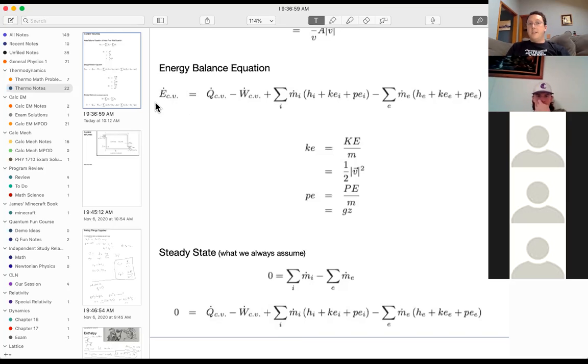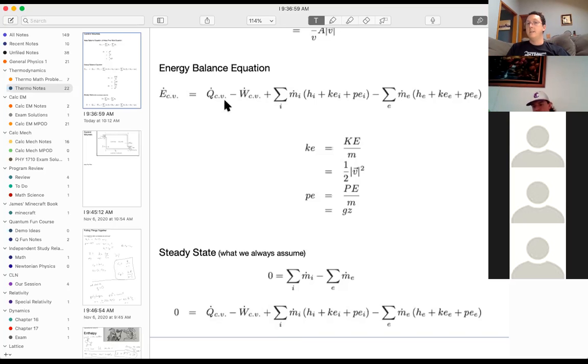And some of this is kind of intuitive. You've got this volume, and maybe you've got a boiler or a fire underneath it, so you're adding heat, and then maybe you've got a propeller spinning, so you're extracting work. So heat in counts as a gain for the energy in the control volume. Power delivered to a propeller would be a loss of energy in the control volume.